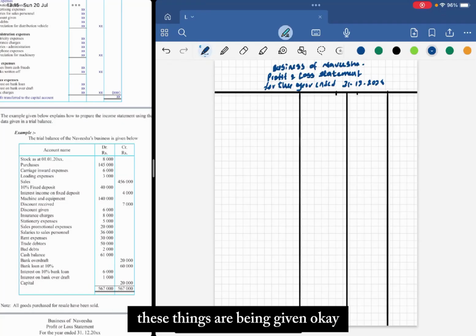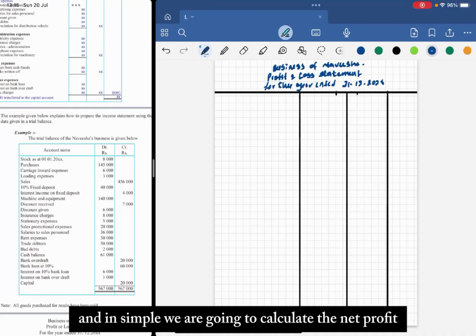These things are being given. So we are going to calculate the profit and loss statement of the business, and in simple terms, we are going to calculate the net profit.